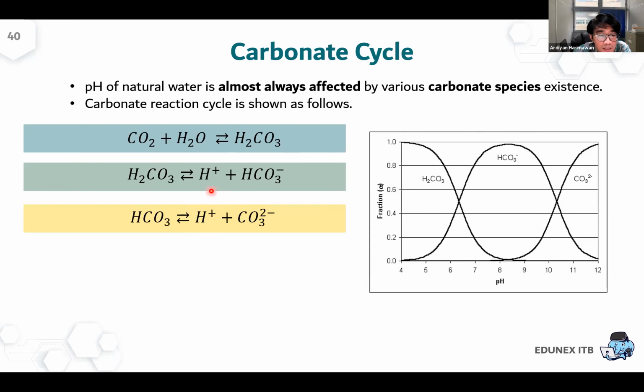So if you have higher hydrogen concentration, the equilibrium will shift to the left. There will be more bicarbonate, and with still higher hydrogen concentration, there will be more of this one. How do we call it in English, Pak Hendra? Carbonic acid, Pak. Carbonic acid, okay.